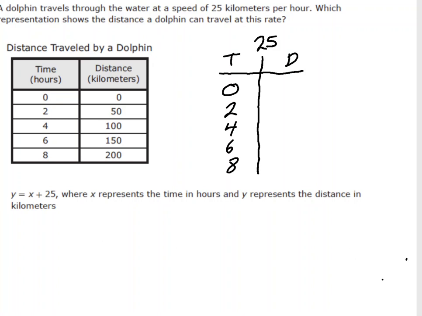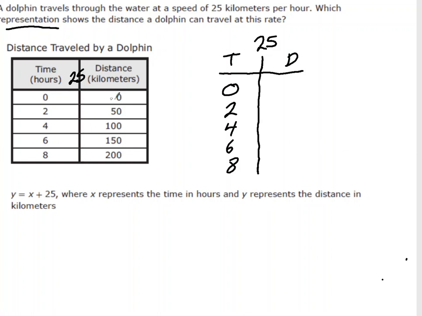Okay. A dolphin travels through the water at a speed of 25 kilometers per hour. Which representation shows the distance a dolphin can travel at this rate? Well, the rate is represented by the dividing line.